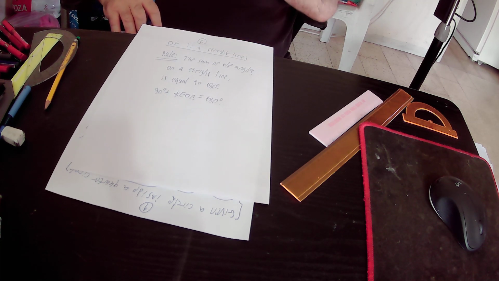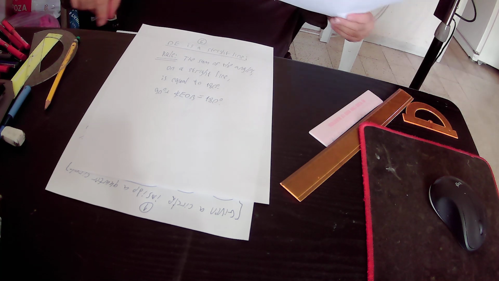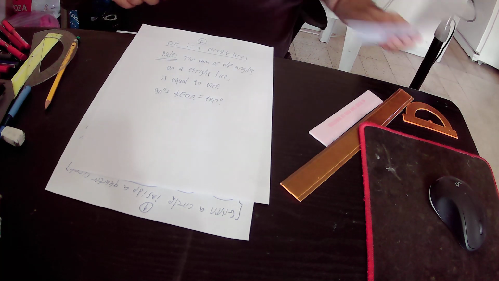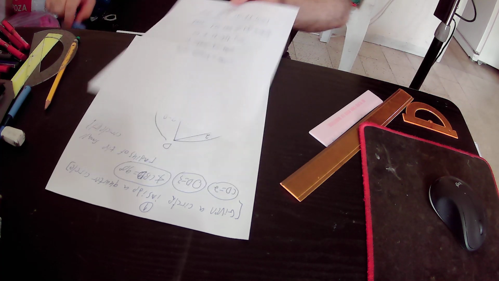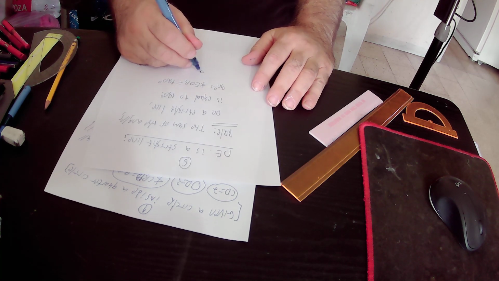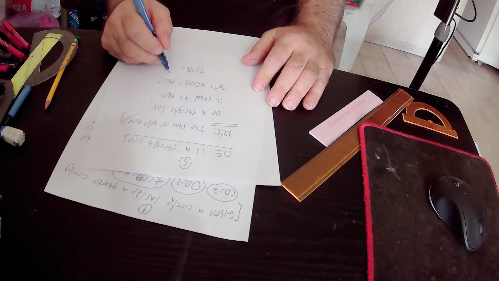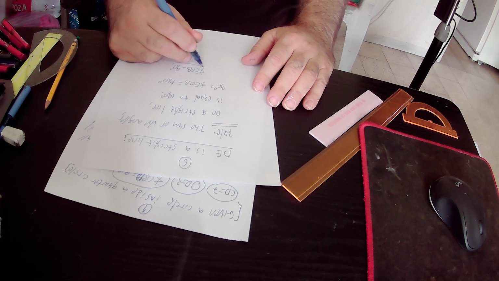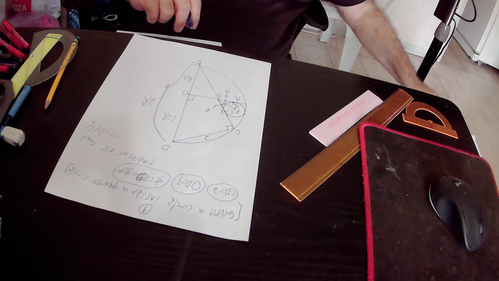90 degrees plus angle EOB must be equal to 180 degrees. So here we can subtract 90 degrees from this equality, and we will get that angle EOB equals 180 degrees minus 90 degrees, which is 90 degrees. So angle EOB is a right angle.